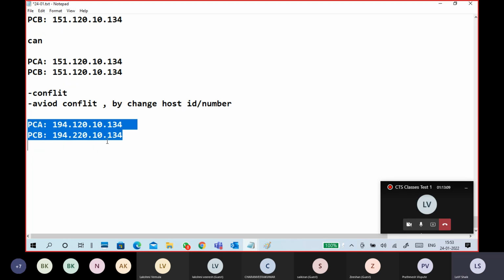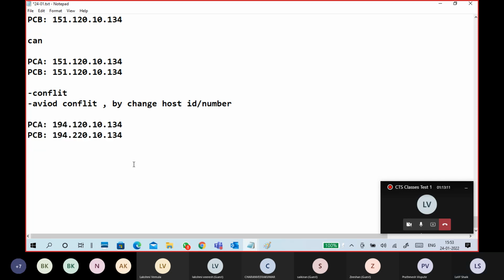Now tell me, can they communicate with each other? No, sir. First two octets are the same, but different here. The network is different in the second octet.